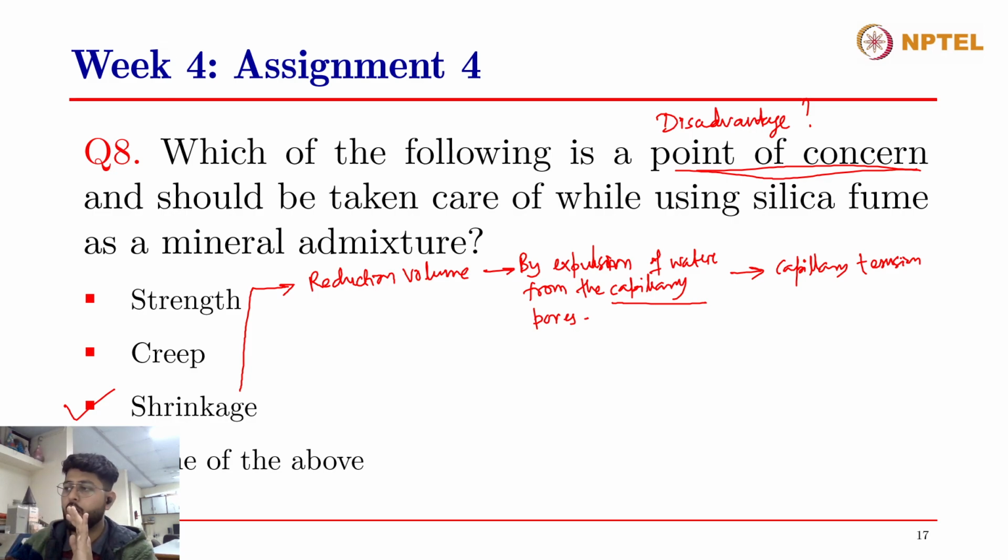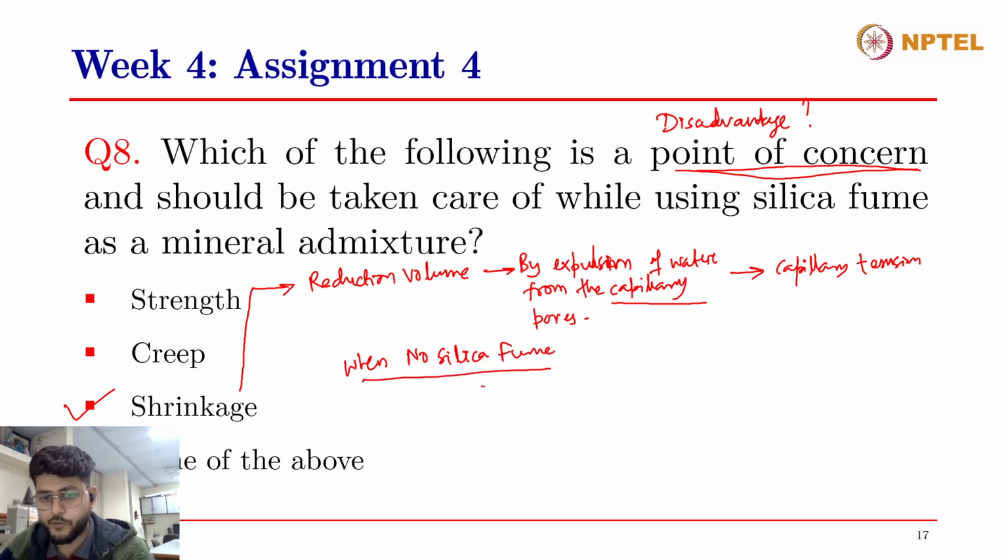Now, when you have no silica fume in the cementitious matrix, I'll discuss this first. When no silica fume is present in the matrix, the pore sizes are large. Let us say these are the concrete particles and this is the pore size, right?